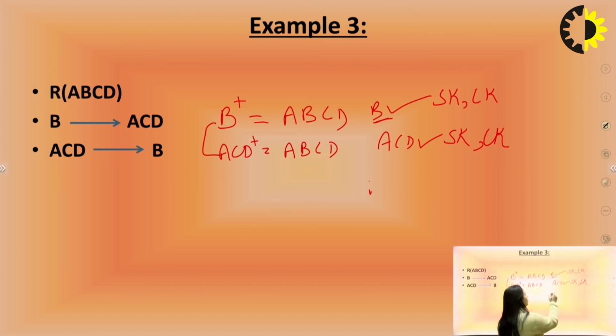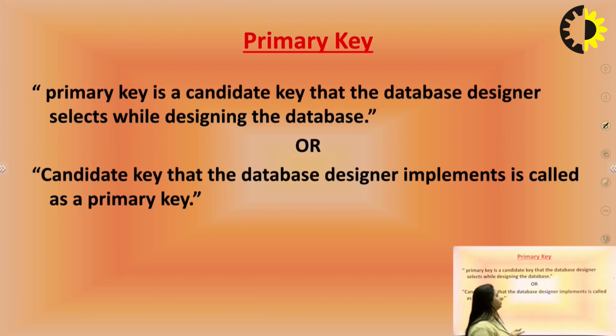He can choose B as a primary key, or ACD. This is totally dependent on the database administrator. So this is the definition of primary key: a primary key is that candidate key which is selected by the database administrator for designing the database. The candidate key that the database designer implements is called the primary key.